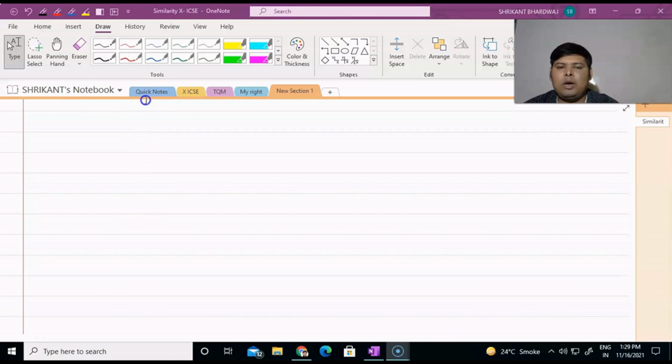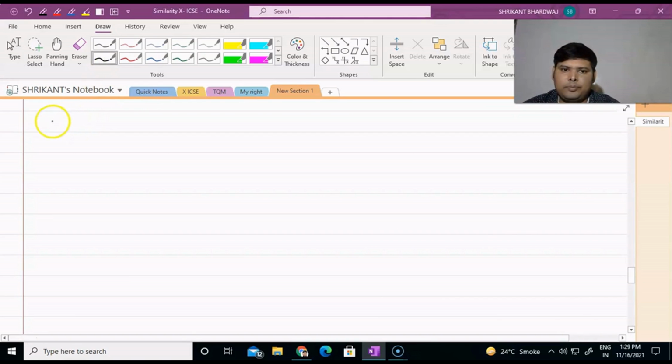Myself Shrikant Bhardwaj. Today we will be learning ideal cycles for the IC engine. So let's start. Ideal cycles for IC engines.